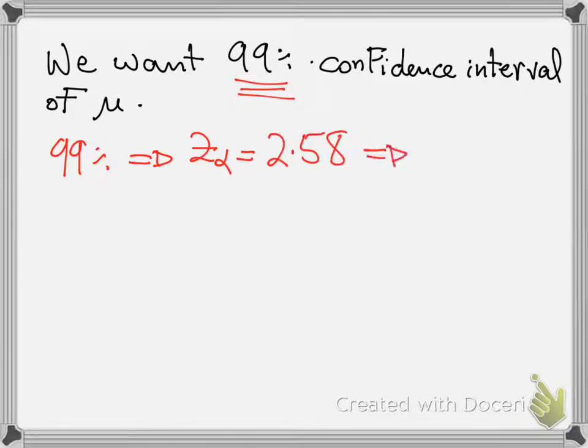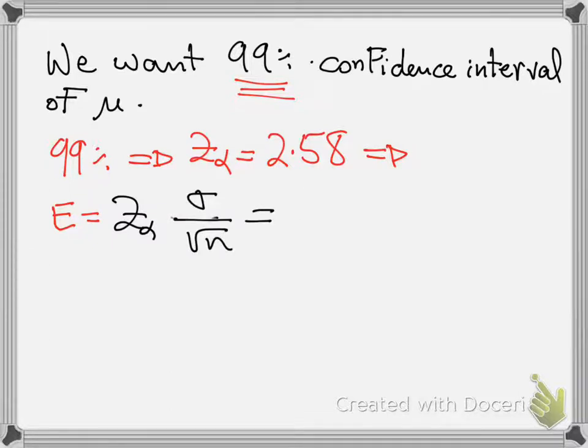And so the error E is equal to Z alpha times sigma over square root of n.